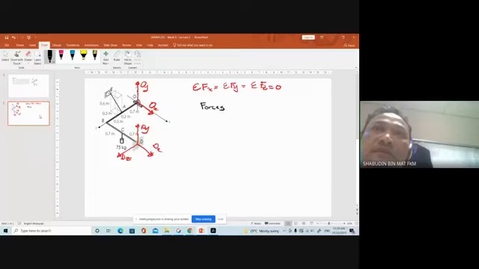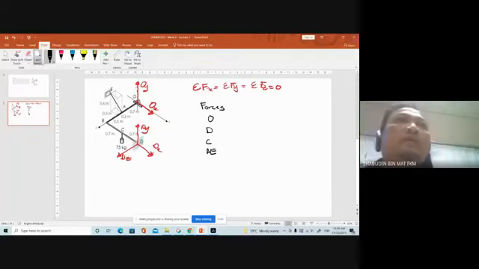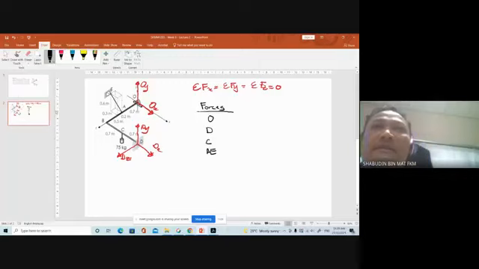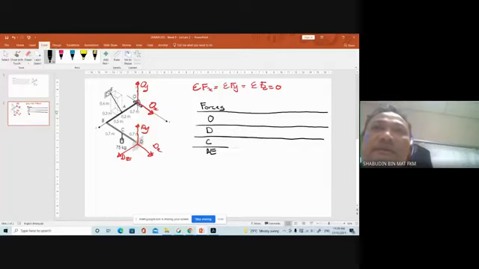Force at O, force at D, force at C, and force AE. Then do your table in i, j, and k. And everything there goes to 0.